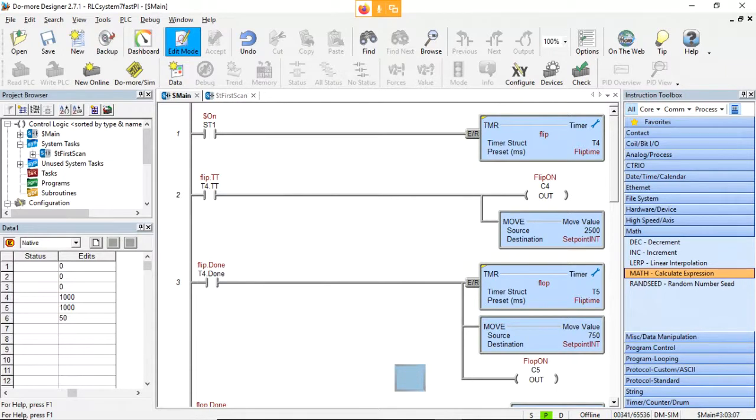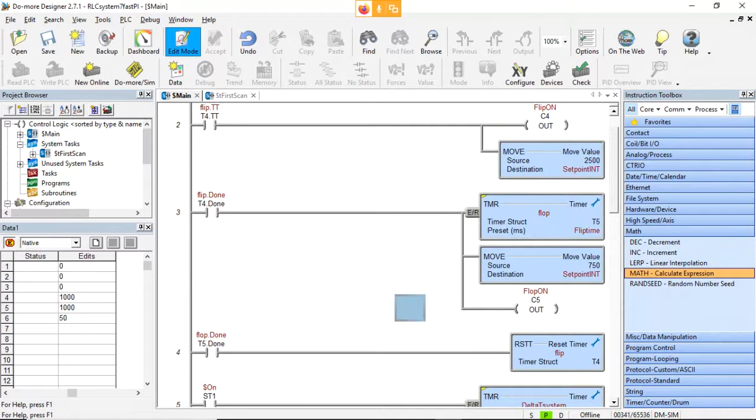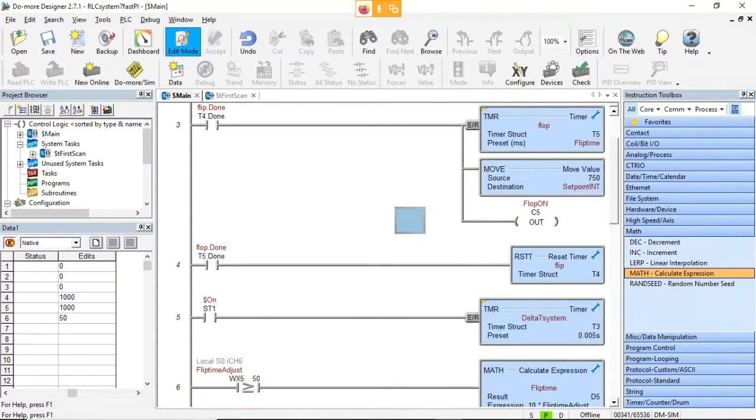If we go to the main rung here, we have a delta T timer. Here's my timer, it's actually called delta T system. And delta T is whatever the preset is. So for this system, it's 5 milliseconds.